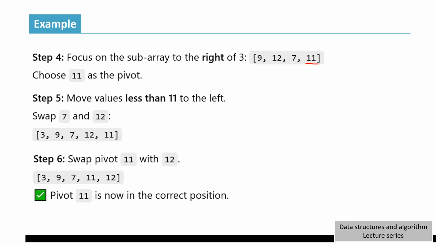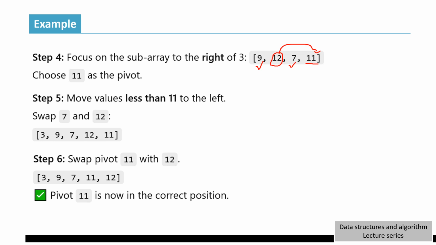Suppose we are selecting 11 as the pivot. Move values less than 11 to the left. 9 is already on the left side, 7 is already on the left side, but this 12 is greater than 11, so this will go over here, right?